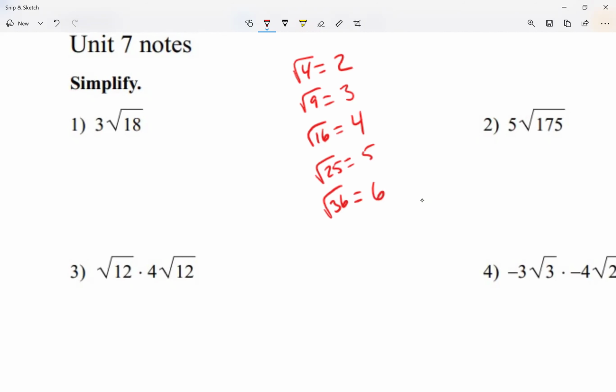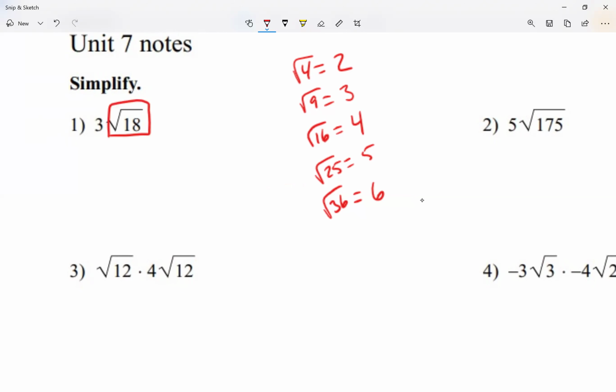The square root is a number that multiplied by itself gives us the number under the radical. The square root of 25, for example: we said 5 because 5 times 5 is 25. But what if I asked you, what's the square root of 18?